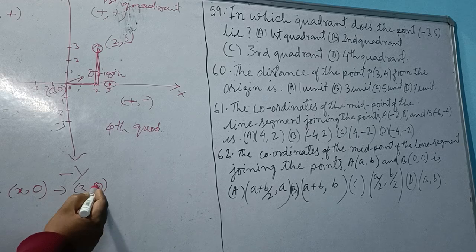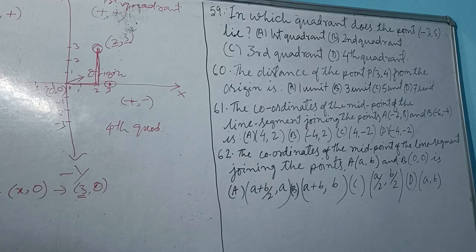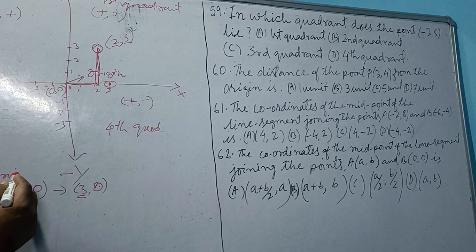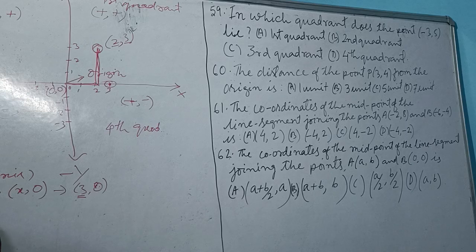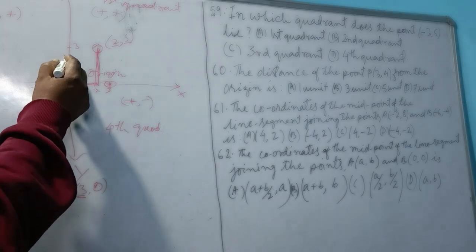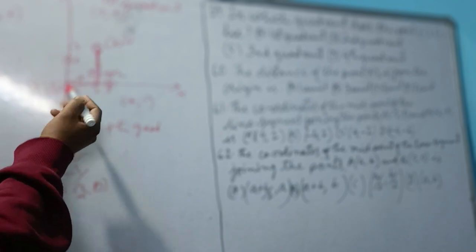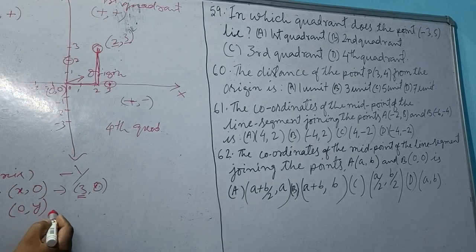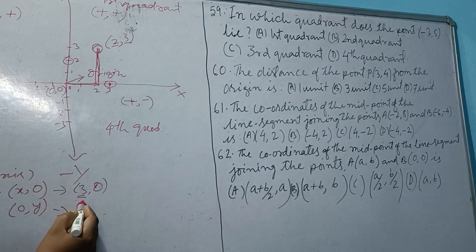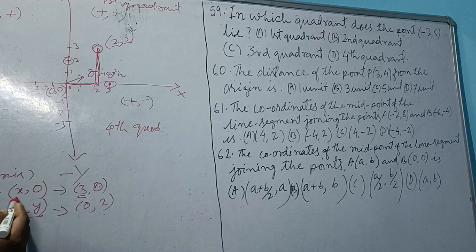That point will always lie on the x-axis. And if it lies on the y-axis, we write it in the form 0, y. Say one point is lying on the y-axis, 0, 1, 2, that means 0, 2.